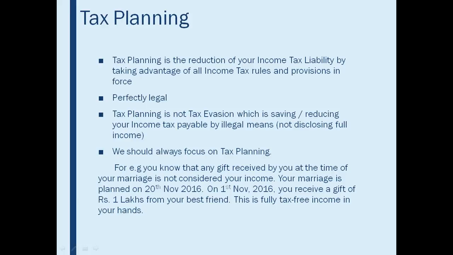But only in case of marriage, there is a special provision that you can receive this gift with no problem. So suppose some friend gives you this gift, but he has to give it before your marriage and near about your marriage, then only it will become tax free.